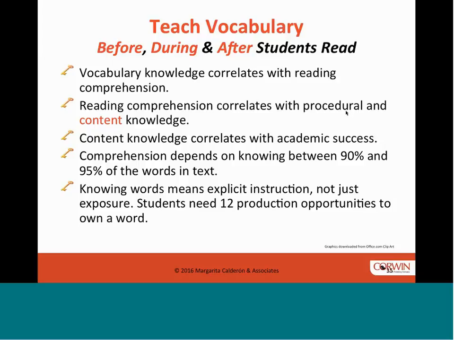As they begin to write, the teacher teaches more words. Many of those are signal connector words that Bonnie and David were talking about. So it's important that every student understand 90 to 95% of the words in a paragraph, in a sentence, in a chapter, and in a test question.